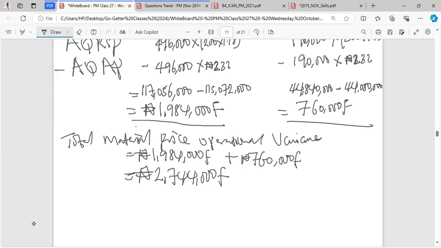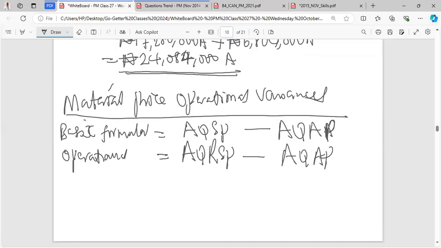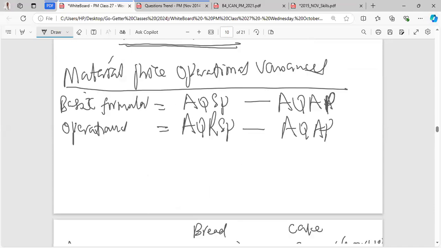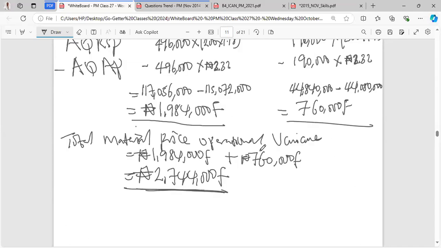So this is favorable. You see here, the purchasing manager is going to have a pass mark because the operational variance is for price. The purchasing manager bought at a bargain price.